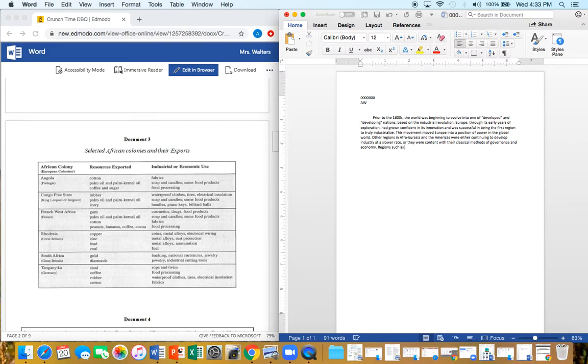Regions such as Africa and India were focusing on continuing trade as it had once existed before European influence, while also dealing with European powers inserting themselves into trade and showing their industrial force.